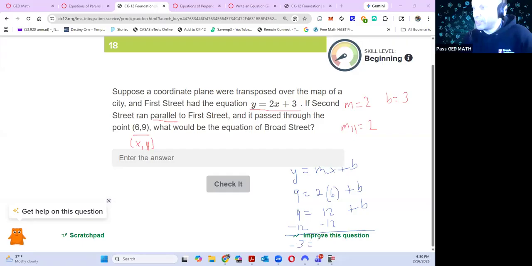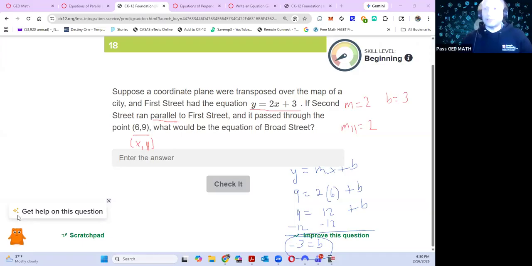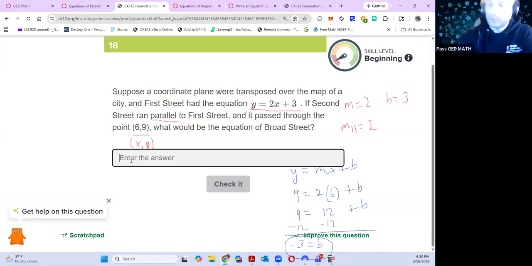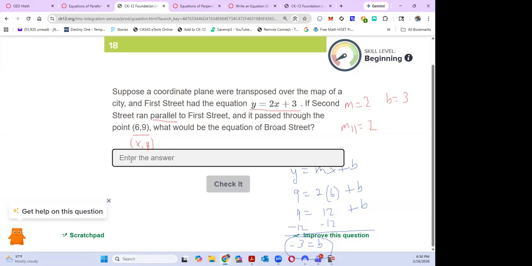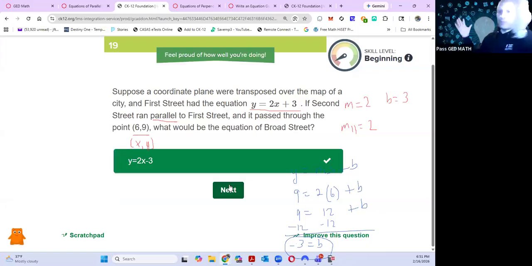Negative 3 equals b. So if I know my slope is 2 and I know my y-intercept is negative 3, what's my equation of the line? y equals 2x plus negative 3. I mean, y equals 2x minus 3. There you go.